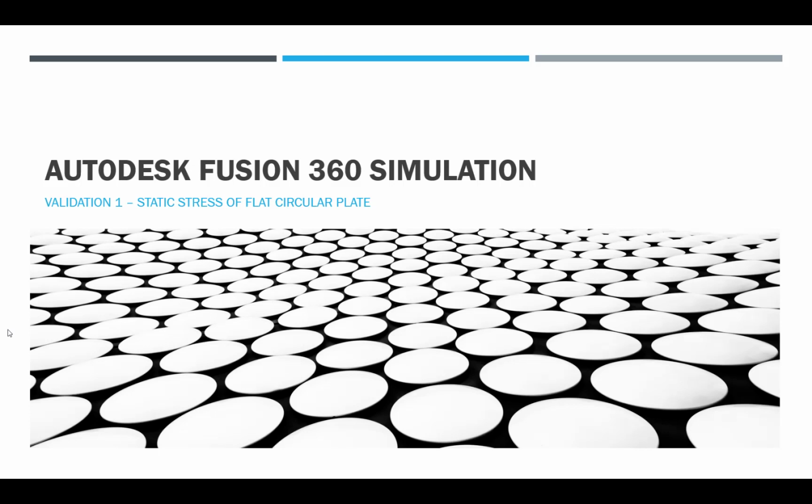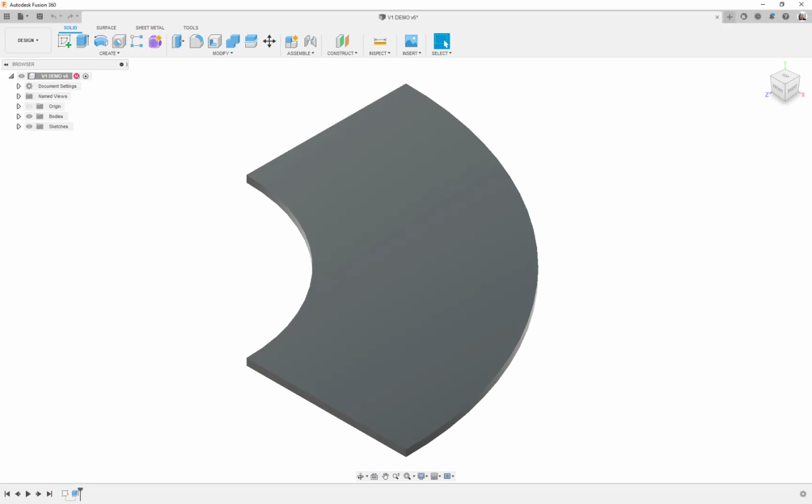I'm also envisioning that if you are just getting started or considering the Autodesk Fusion 360 product, this is maybe a way to gain some confidence with the results of the program. Certainly everybody wants to know that the program they are using can be trusted. So we'll take a look at various validation examples, and hopefully you see that it's easy to use and is producing the results that you would expect it to.